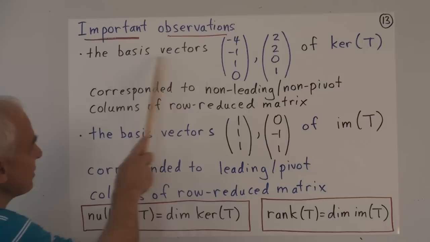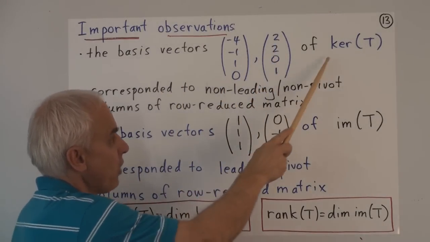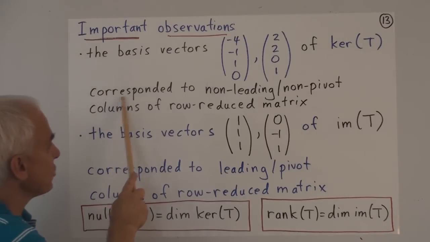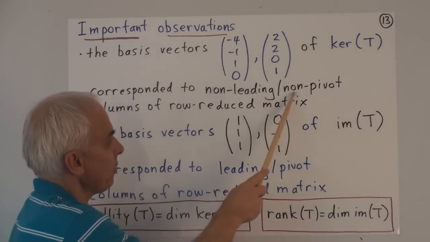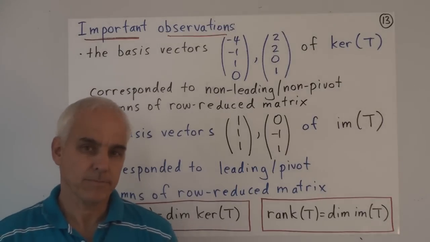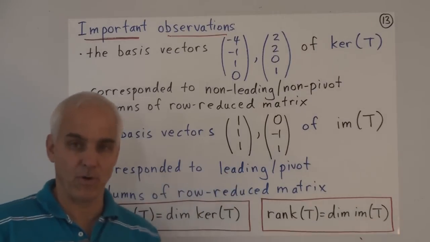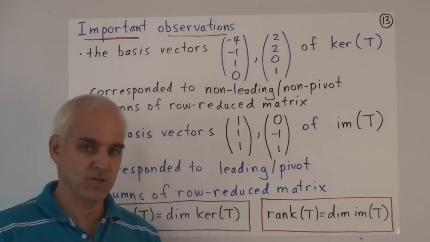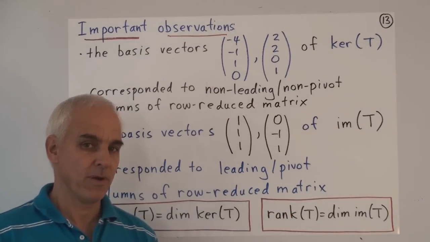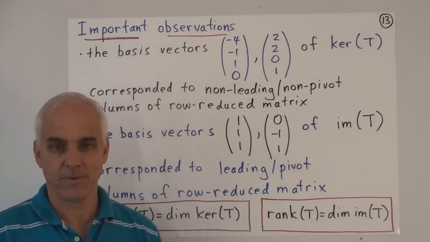The first is that the basis vectors minus 4, minus 1, 1, 0 and 2, 2, 0, 1 of the kernel of T corresponded to the non-leading or non-pivot columns of the row reduced matrix. Remember, we were solving the equation A times v equals 0. And we row reduced, and we saw that the third and fourth columns were non-leading columns, so they had to be assigned parameters.